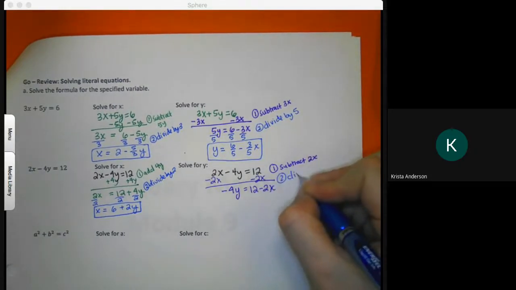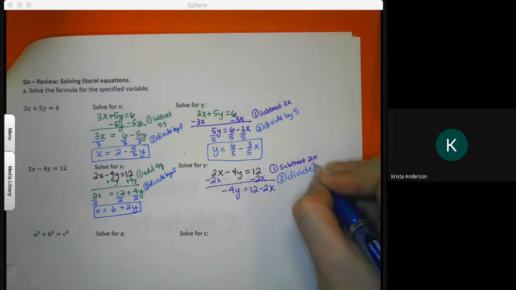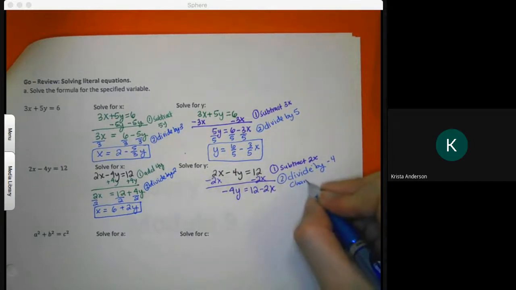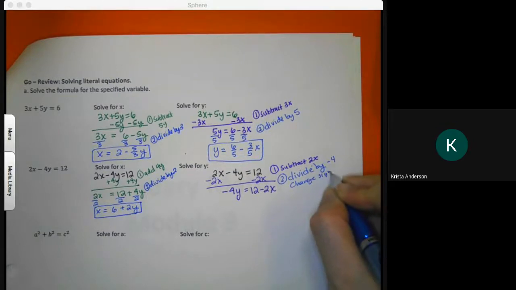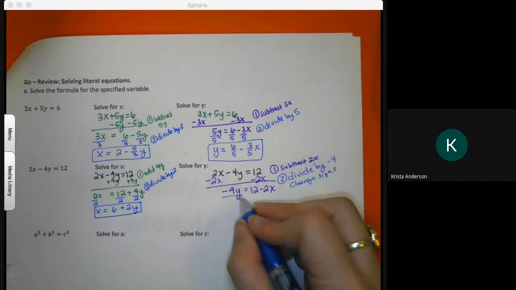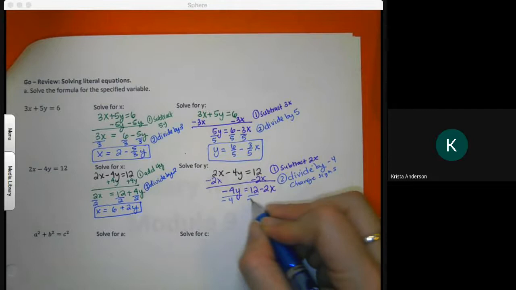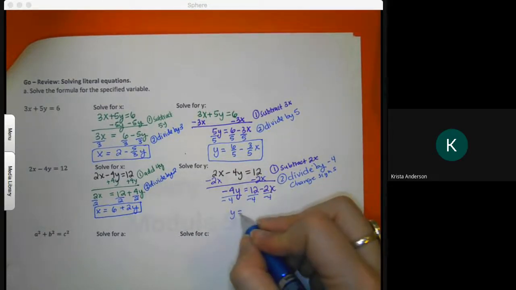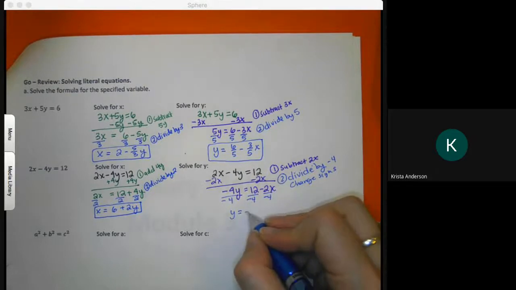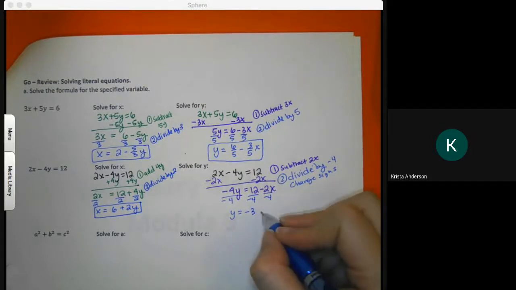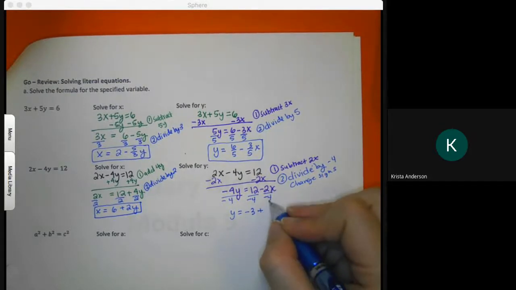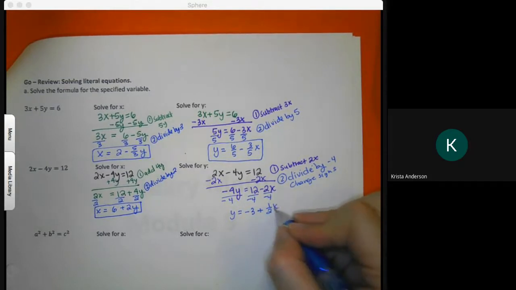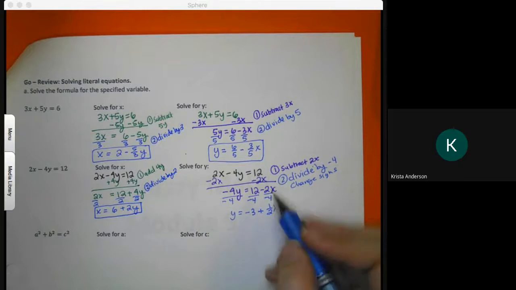This I need to be careful and divide by a negative 4, which means I will change signs. I have to watch the signs. That gives me 12 divided by negative 4 is negative 3. 2 negatives make a plus. 2 over 4 reduces to 1 half with an x on it.